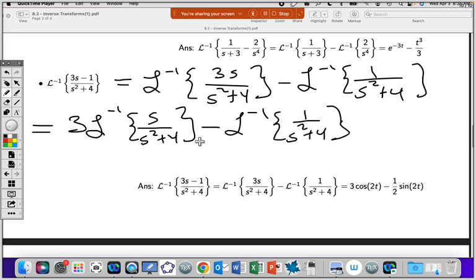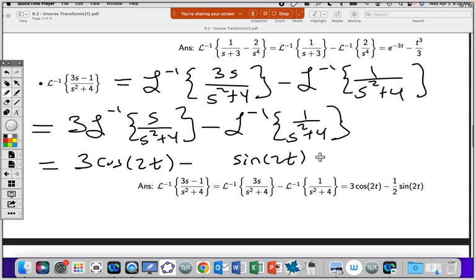And you note the denominators here, we've got a sum of squares. So when you have a sum of squares in the denominator, you're thinking sines or cosines. This has an s in the numerator, so that's going to come back to a cosine. The frequency gets squared here. So this would come back to a 3 cosine of 2t minus, there's no s in the numerator, so this would be coming from a sine of 2t.